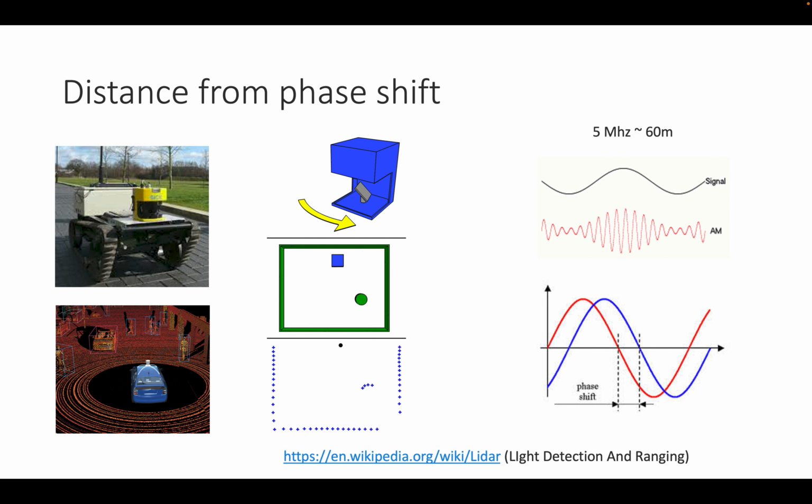This got pushed to the top by people putting up to 64 of these rotating mirrors into a single package, putting it on top of a car, and using it to look ahead 50 meters around the car and track everything that is around the car.